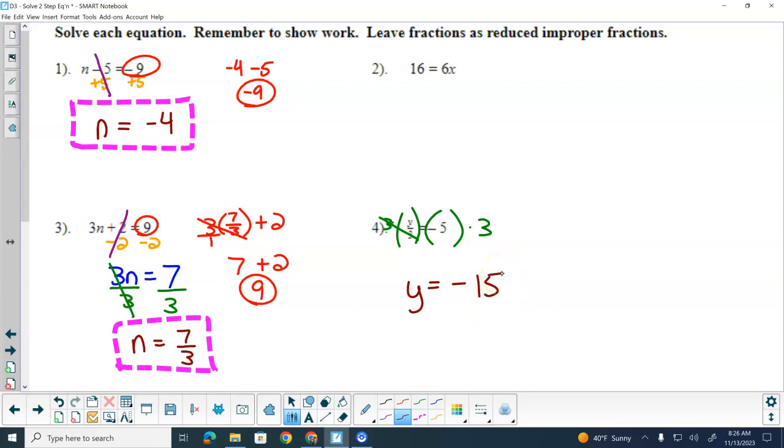Okay. Then we check it. Negative 15 divided by 3. Is it going to be positive or is it going to be negative? It's going to be negative because the signs are different. 15 divided by 3 is 5, so then that's going to be negative 5, which is what we needed it to be.